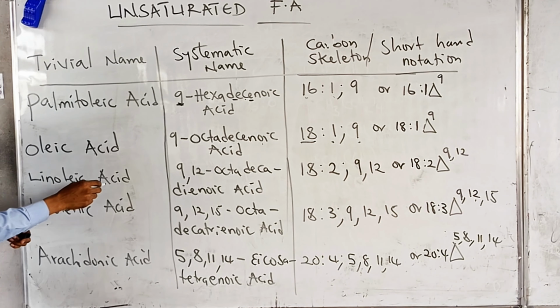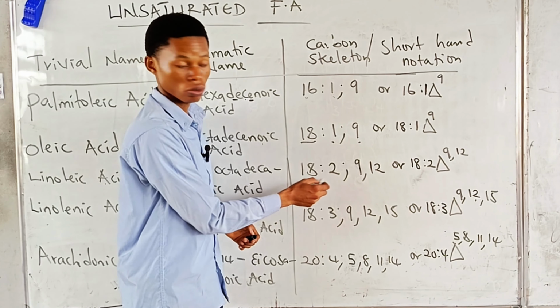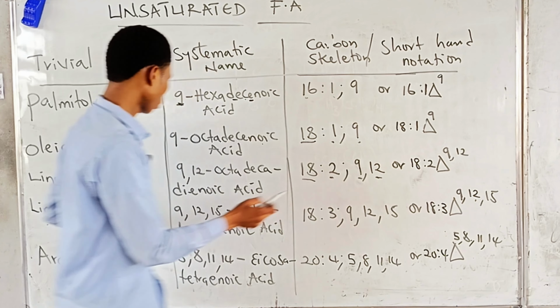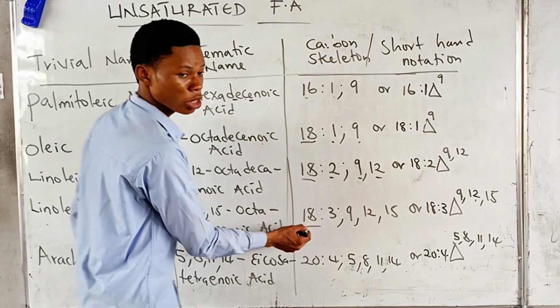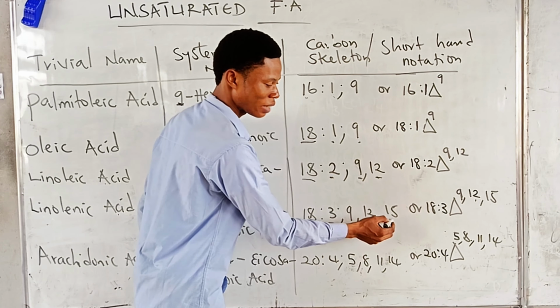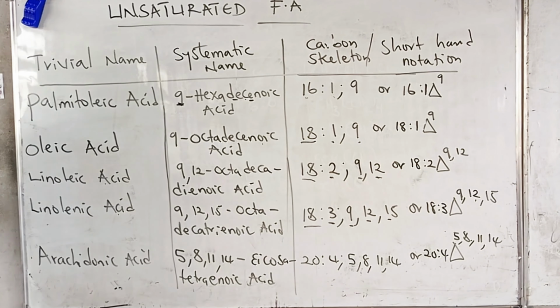Linoleic acid. How many carbons do we have? 18. How many double bonds now? On carbon 9 and 12. Linolenic acid, 18 carbons. How many double bonds? 3, on carbon 9, 12, and 15. Now, among these three, which one is a monounsaturated fatty acid?